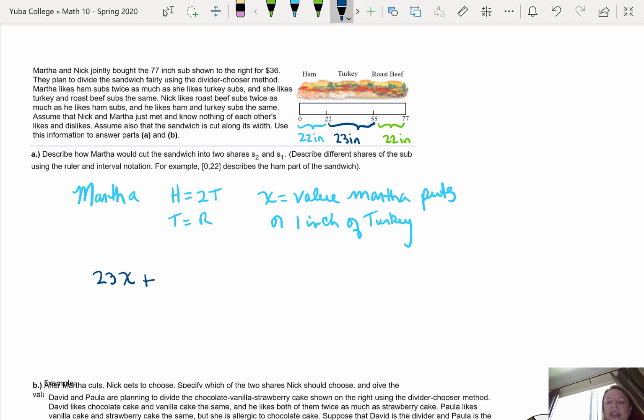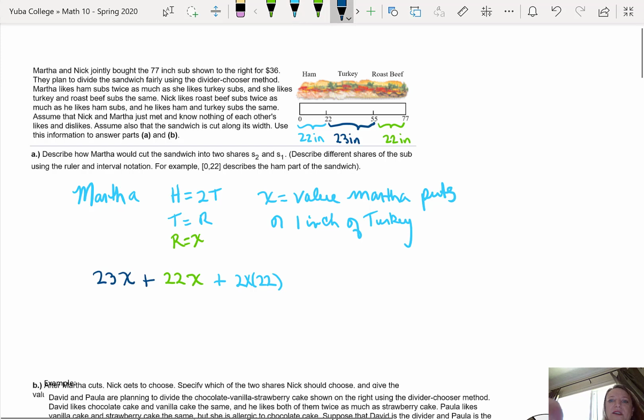Plus, if I look at roast beef, she weighs roast beef just the same amount, so 22 times x is how much she weighs each inch of roast beef. Now let's look at the ham. The ham is also 22 inches, but she likes this twice as much, so we're going to do 2x times 22.